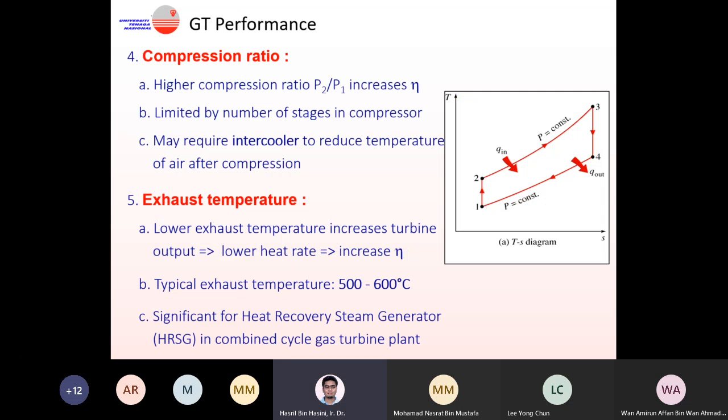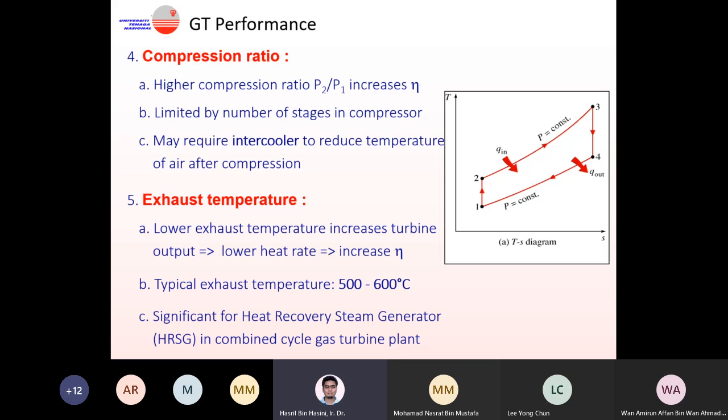The second factor is the compression ratio. This is fairly straightforward. You can increase the compression ratio to get an increase in the performance. However, we cannot simply increase the compression ratio, as I mentioned yesterday, up to 50 or up to 100, because there are limits to it. First of all, it is limited by the number of stages.